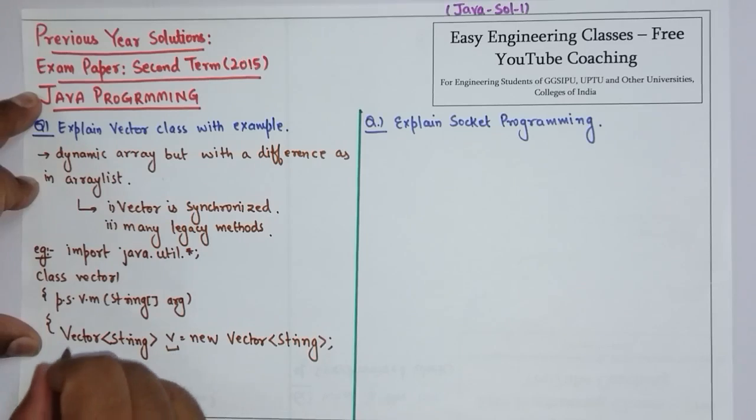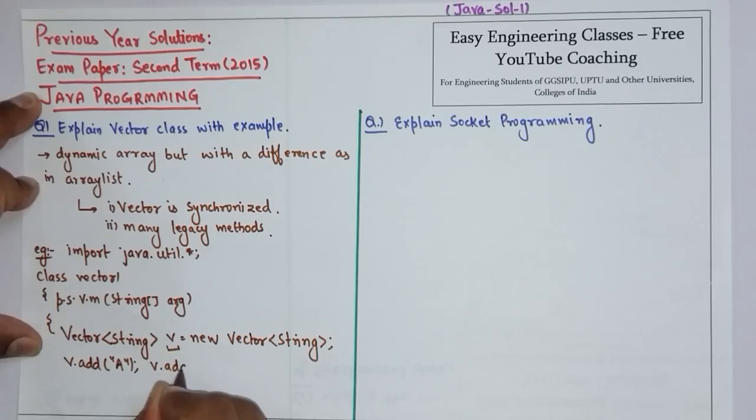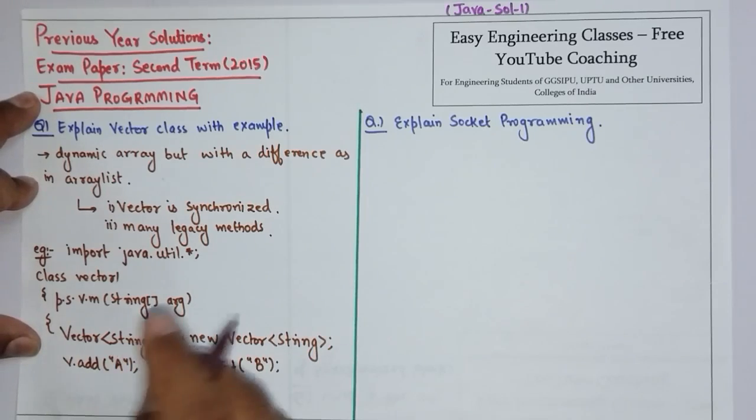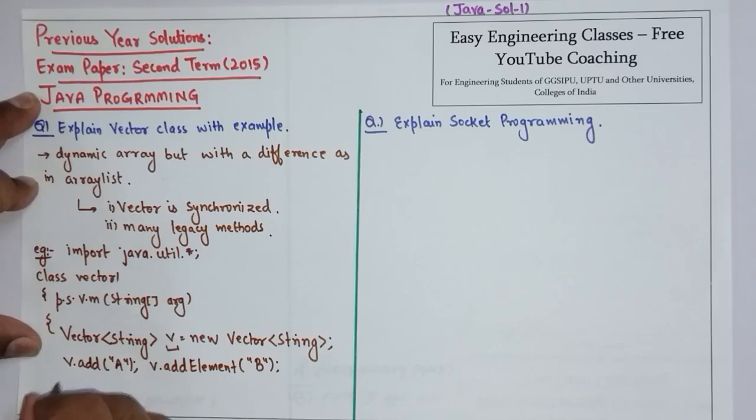अब इसके अंदर एलिमेंट्स को ऐड करने के लिए आपको यूज करना है v.add. You can also use v.add element. So this is how you can add elements in a vector. To display the contents of vector, you have to use enumeration. So write here Enumeration.